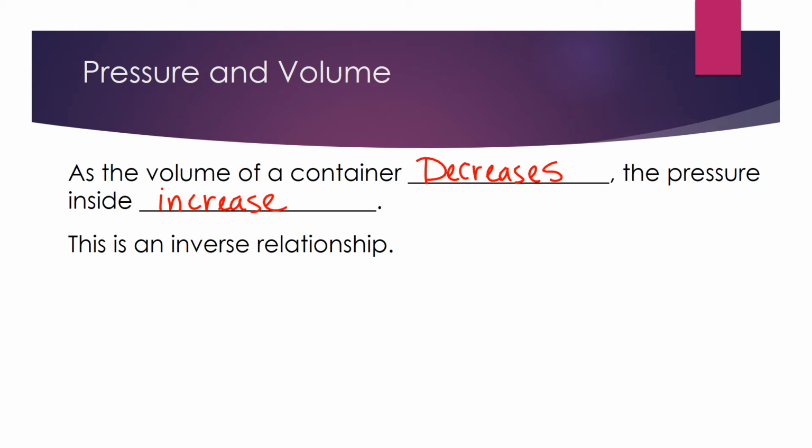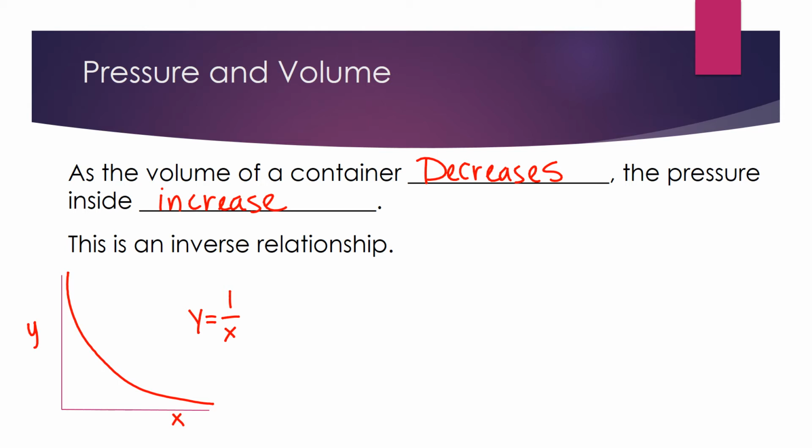This is what's known as an inverse relationship. As one factor decreases, the other will increase by the same factor. If we graphed an inverse relationship, we have our y-axis and our x-axis, and the graph would look like this. That is the curve of y equals 1 over x. I don't know if you remember that.